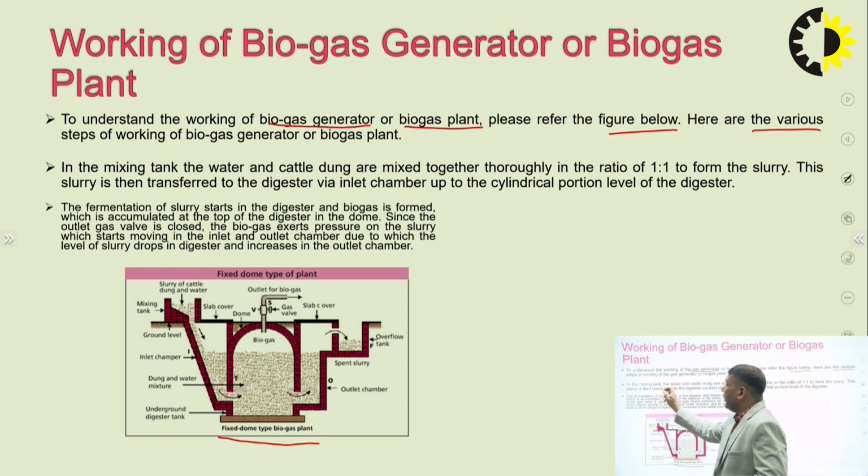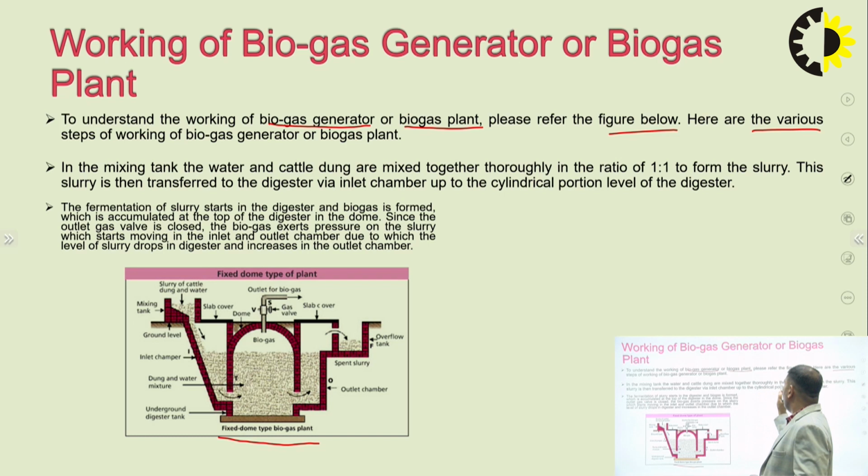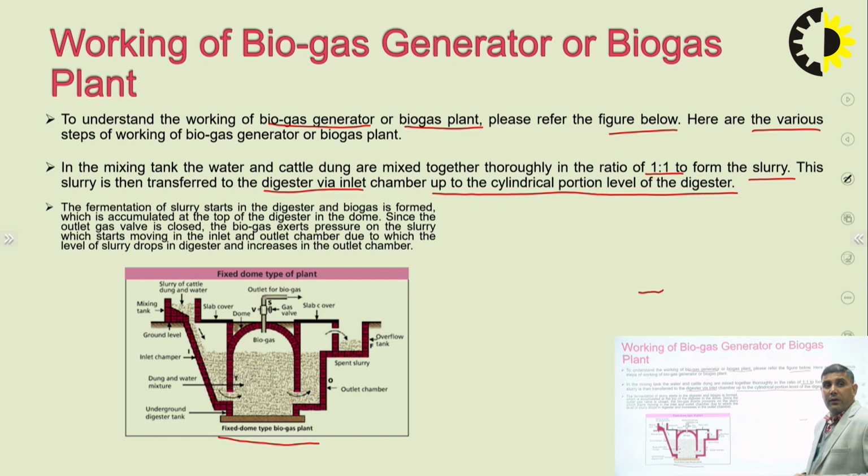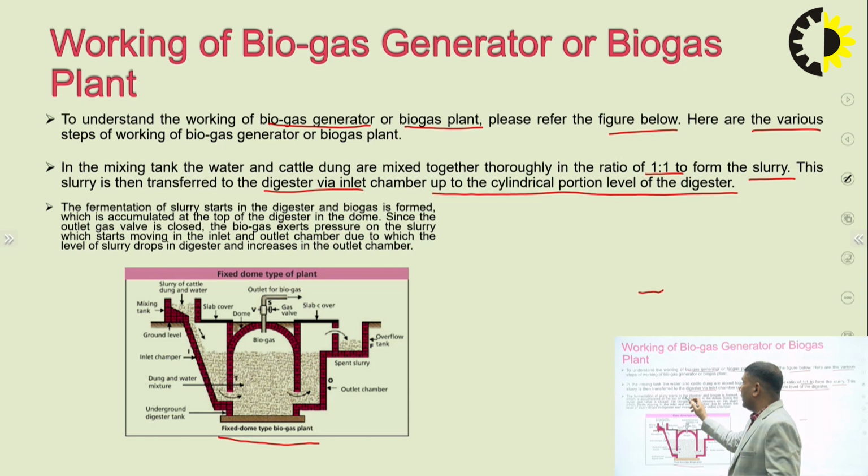In the mixing tank, the water and the cattle dung are mixed together thoroughly in the ratio of 1:1 to form the slurry, and this slurry is then transferred to the digester via an inlet chamber up to the cylindrical portion level of the digester.